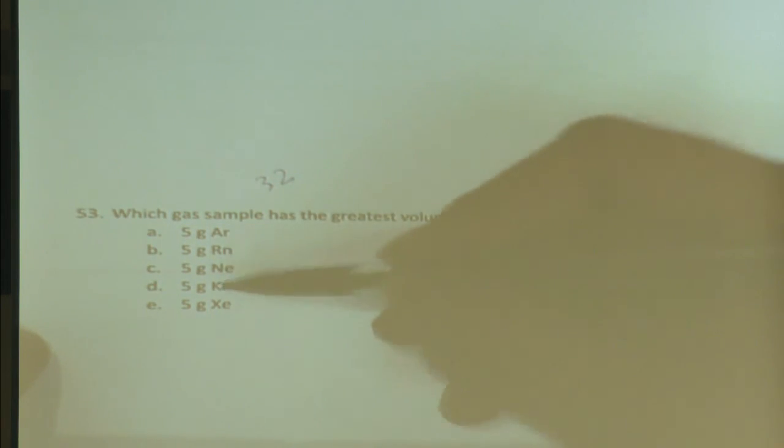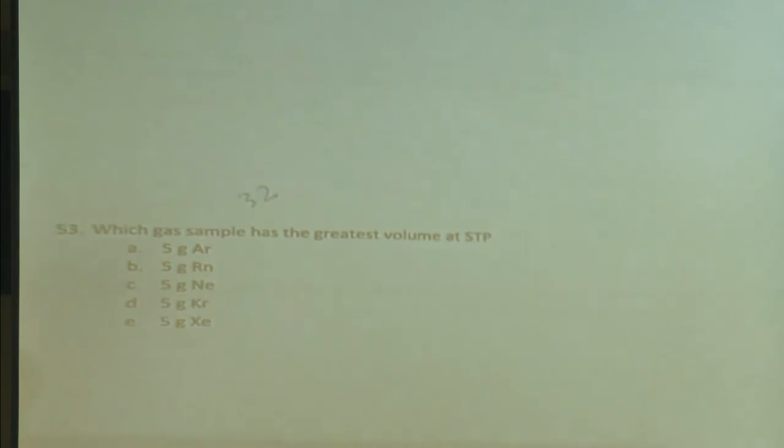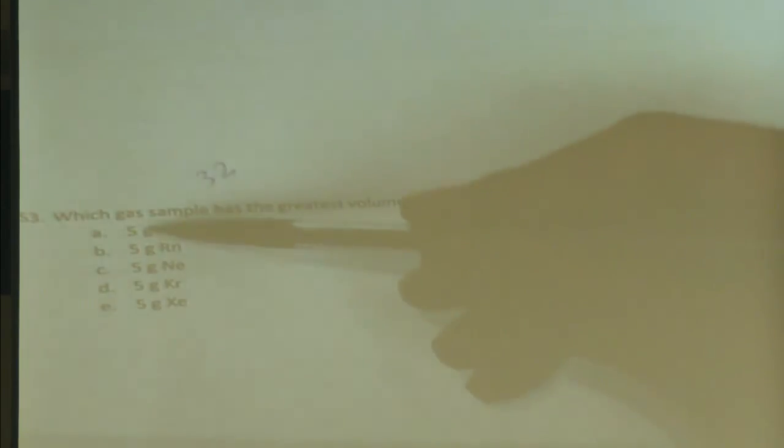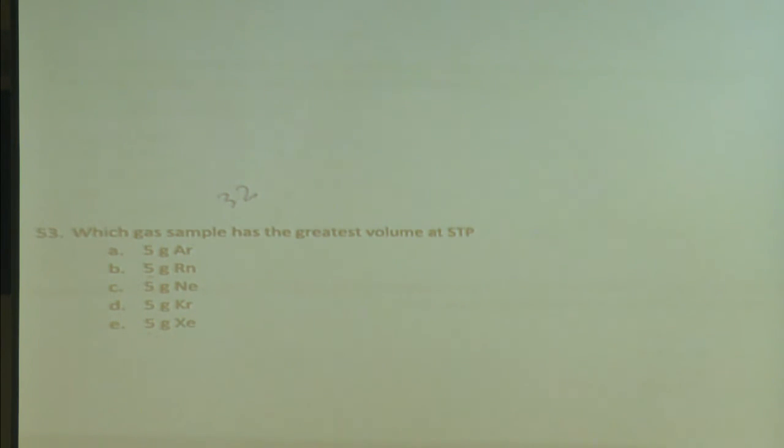All right, so we see that we have 5 grams of each substance. And we know, what is molar volume at STP for a gas? 22.4 liters. So 1 mole of gas is 22.4 liters. Are these moles? No. If we turn them into moles, we'll have different values.